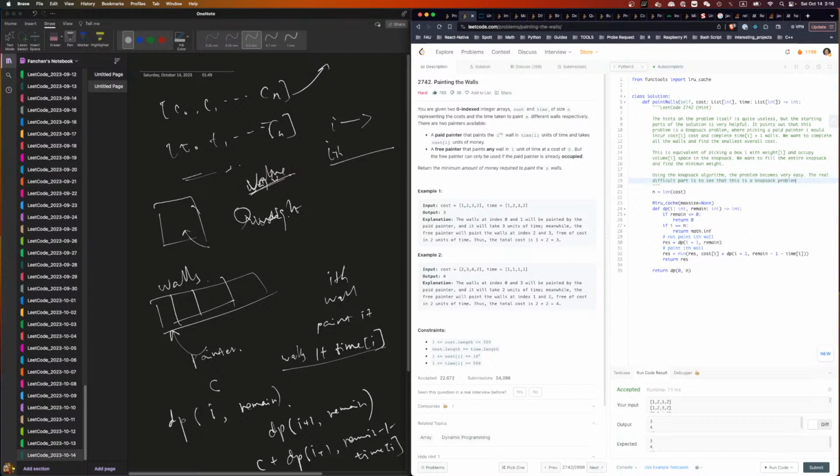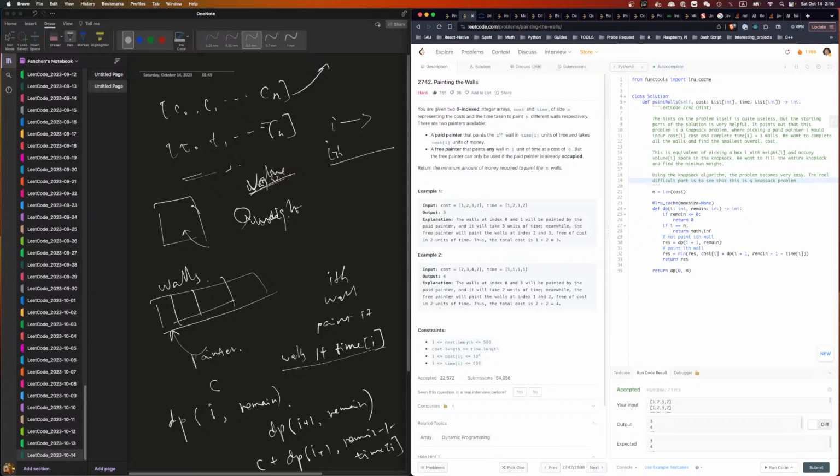I was thinking about taking one, and I was trying DP, but I couldn't find the DP state. The first I was thinking about the time, which is wrong. And then I was thinking about from this towards the end, which is right, but that's the only state I can think of, and it's not right.